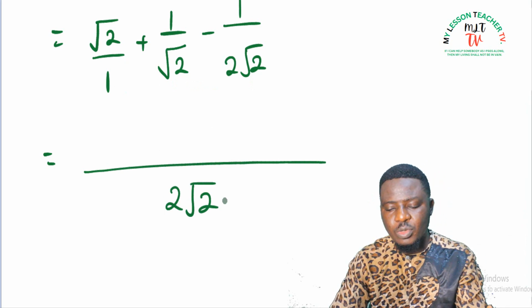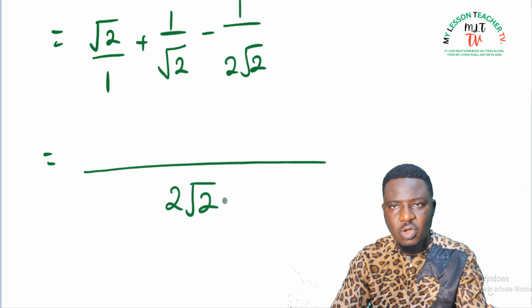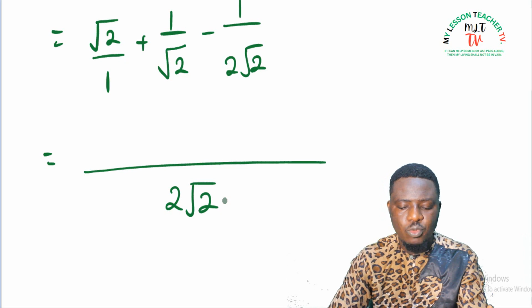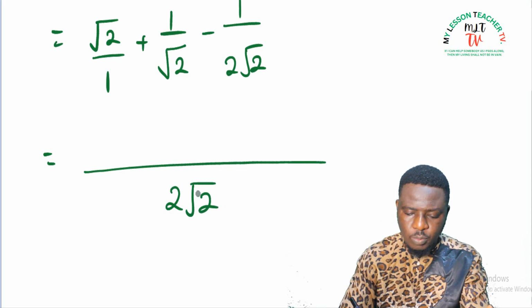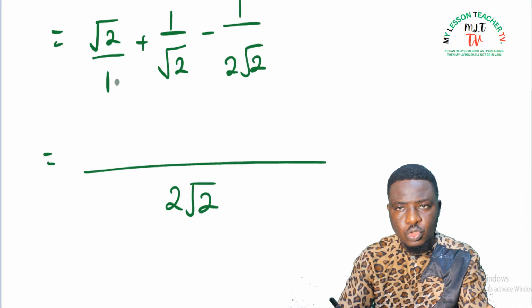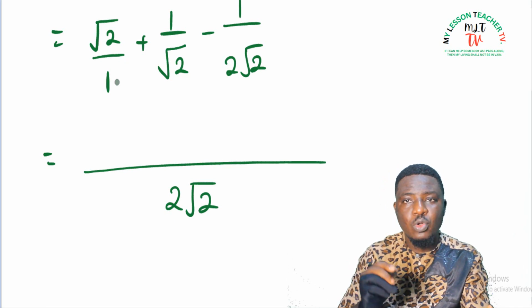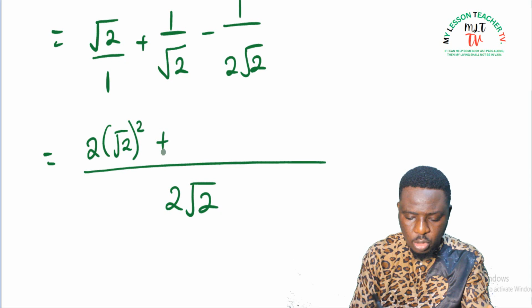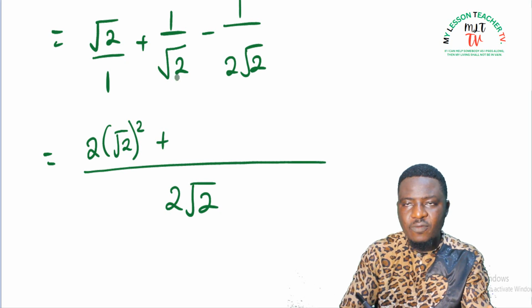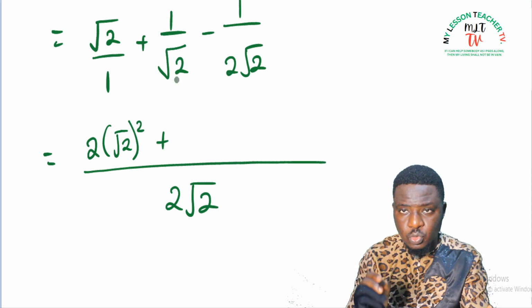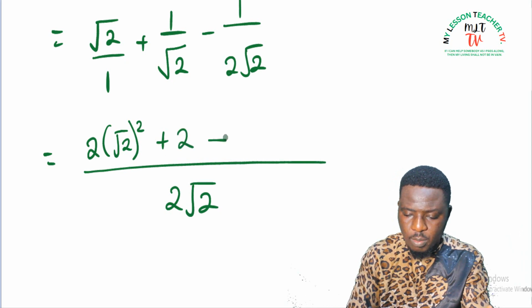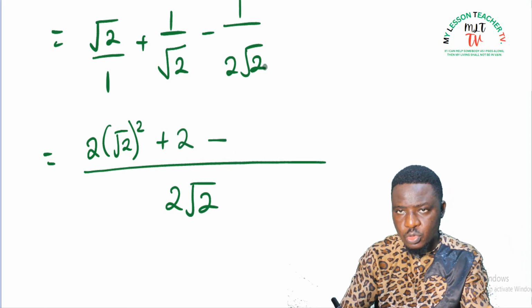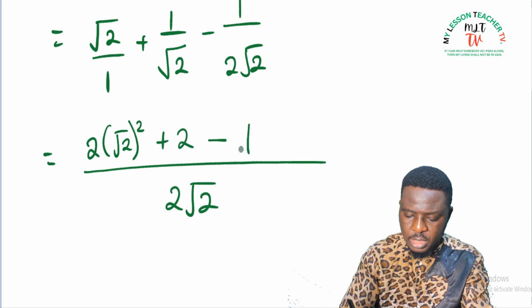If you are still having issues with fractions, I advise you go back to watch our previous classes on fractions, and this will enable you to understand what we are doing. 2 root 2 divided by 1 is 2 root 2. 2 root 2 times root 2 is said to be 2 root 2 squared, plus 2 root 2 divided by root 2 is said to be 2, and 2 times 1 is 2, minus 2 root 2 divided by 2 root 2 is 1. 1 times 1 is 1.